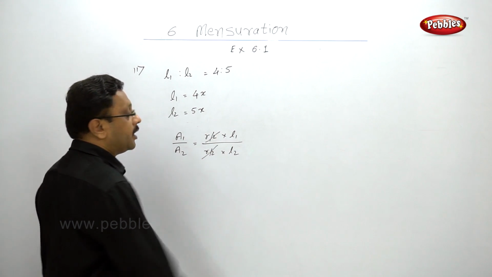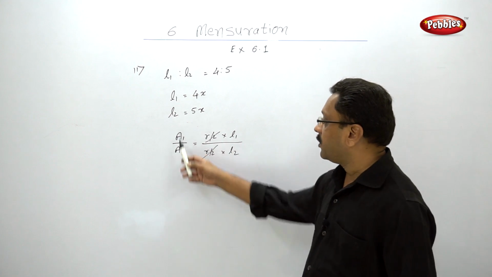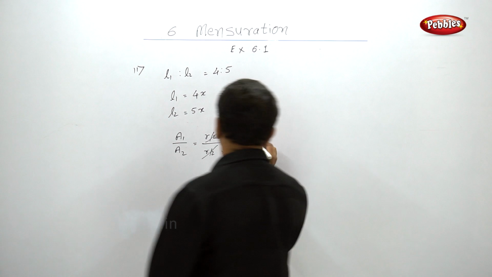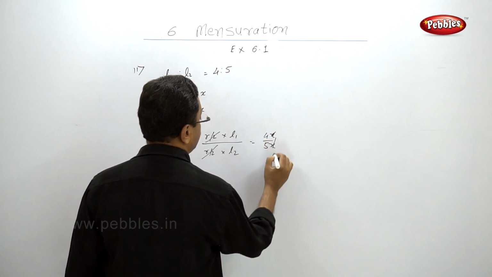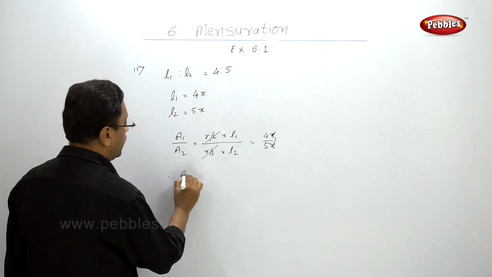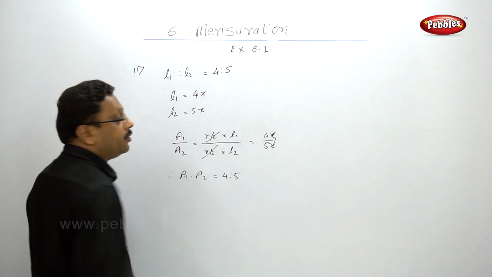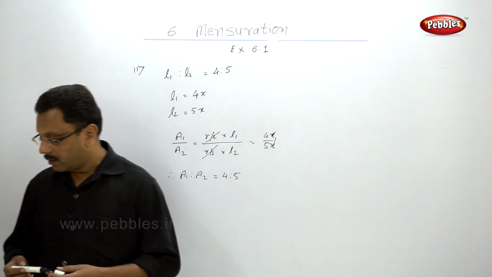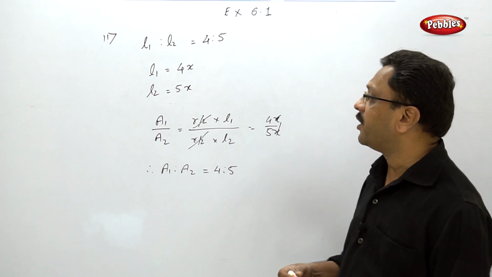Now R by 2 will get cancelled and ultimately A1 upon A2 is equal to L1 upon L2, that is 4x upon 5x, x will get cancelled. So ultimately A1 and A2 are also in the ratio 4:5. Very easy example.